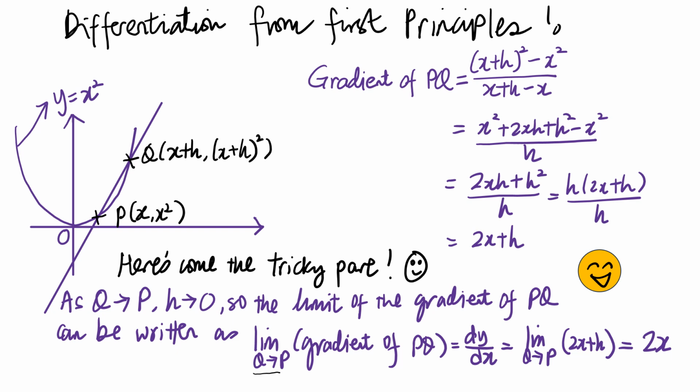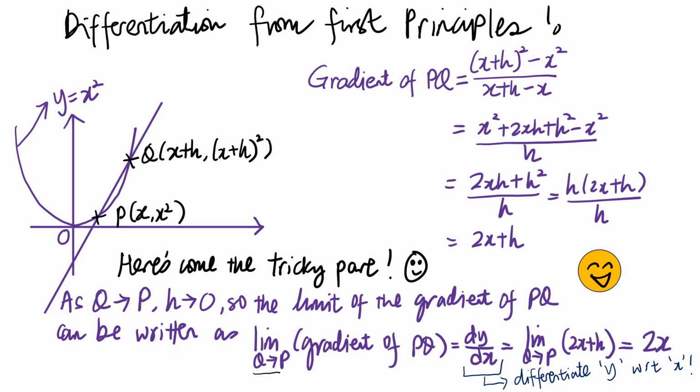It takes a while to understand it. So dy over dx means that you differentiate y with respect to this variable x. When we find dy over dx, in this example using first principle, you're actually taking the limit of this point Q going very close to point P, and that becomes the gradient.